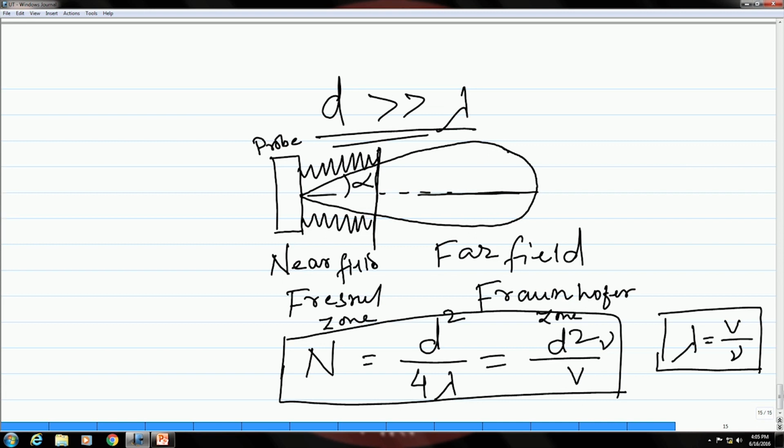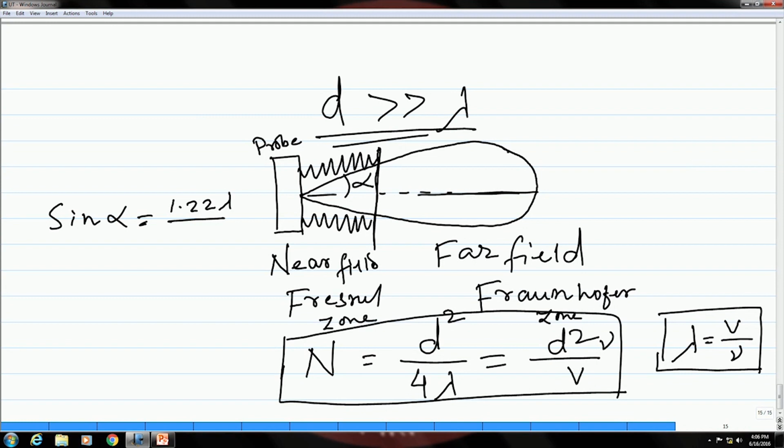Okay. And the far field is characterized by this divergence angle alpha. This alpha depends on again the same two parameters, but this time in a different way. In this case it is directly proportional to the wavelength, unlike the near field, which was inversely proportional.